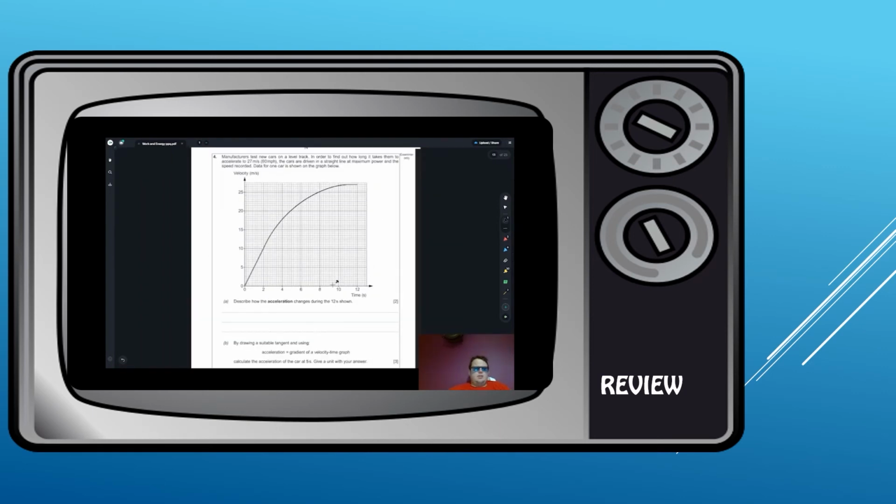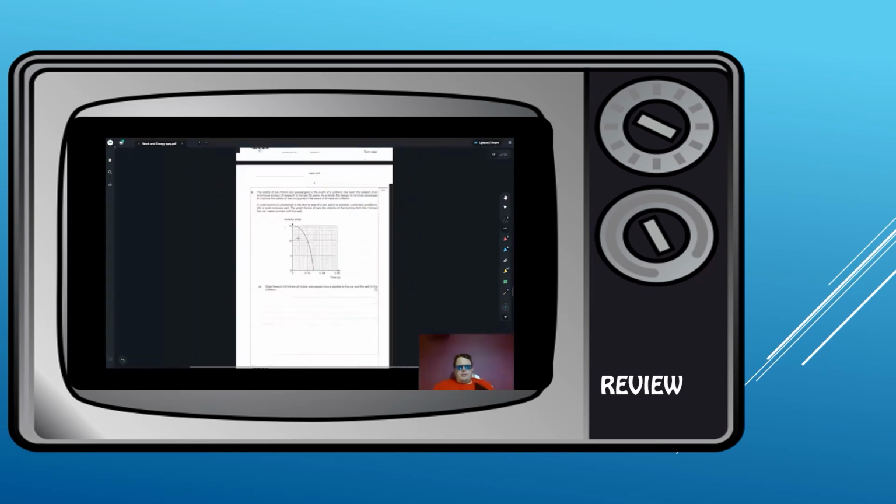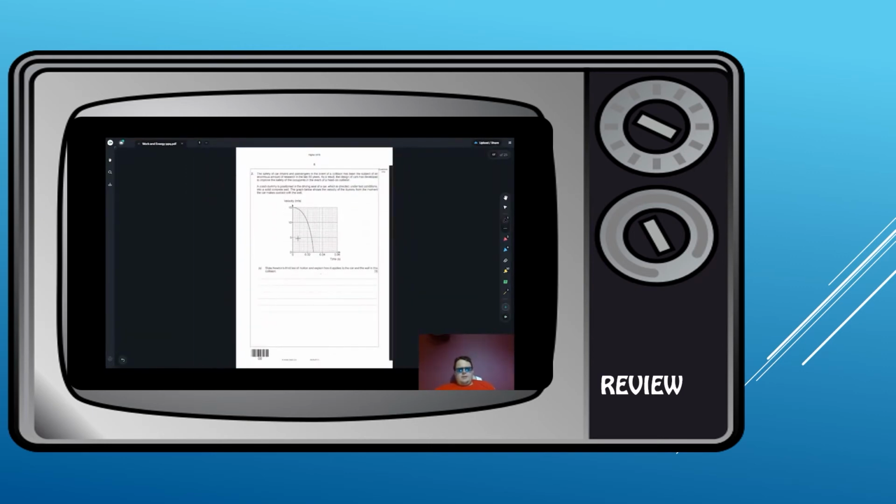Okay, so manufacturers test new cars on a level track in order to find out how long it takes them to accelerate to 60 miles an hour. So this question is one that we've already done. It would help if I had the right question up. It's this one.